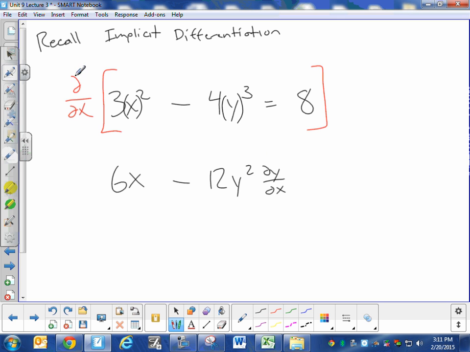The derivative of y with respect to x, we say, is dy/dx. So that would equal, what would be on the right side? 0. Good. And then remember, we did some algebraic manipulations and solved for dy/dx. So I subtract 6x, I divide by 12y, and I'd have x over 2y squared.